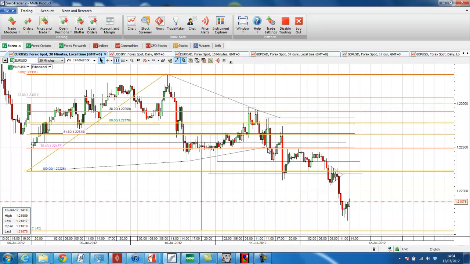The 76.4 over here also captures our entry level short, which is also very interesting confluence, and the 50% line captures the top end of that gap range. So we're seeing confluences here with the two gap levels, the midpoint of the entire setup, the funnel, and also the entry level where we would have gone short.